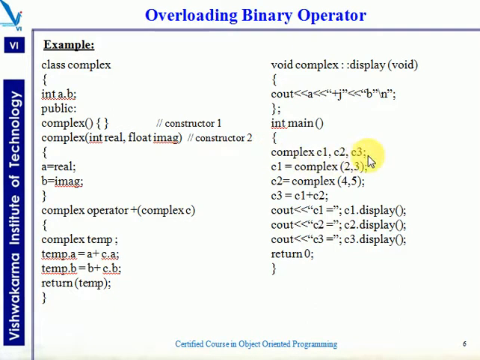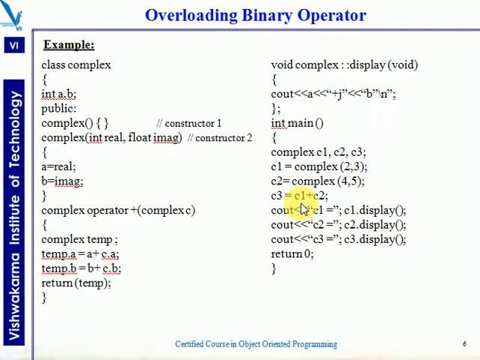Here we have created three objects, C1, C2, C3. C3 is equal to C1 plus C2 means we have the addition of these two complex numbers in the C3 object. As we write this statement, this statement invokes the operator function.